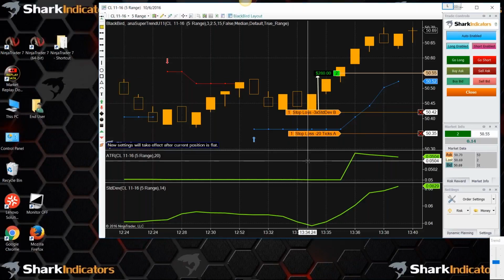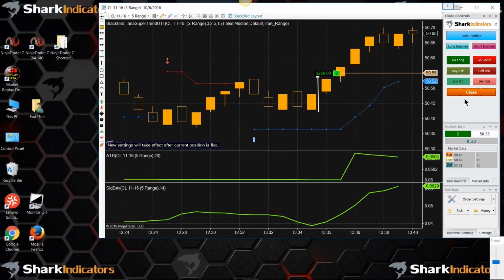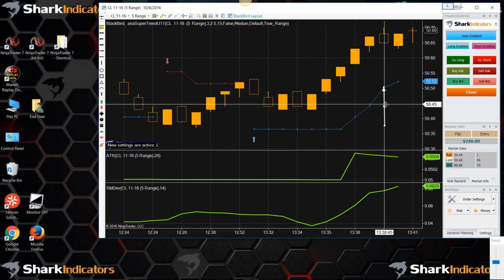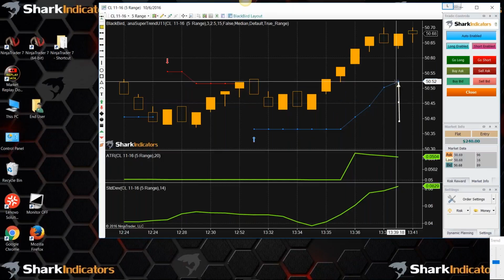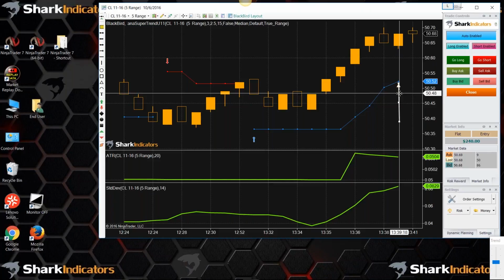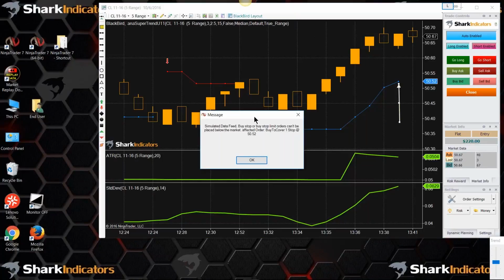All right, so we can see the anaSuperTrend is set up for only long trades. Now I was demonstrating if I go short, using the go short button.